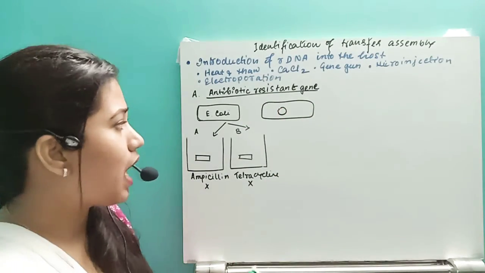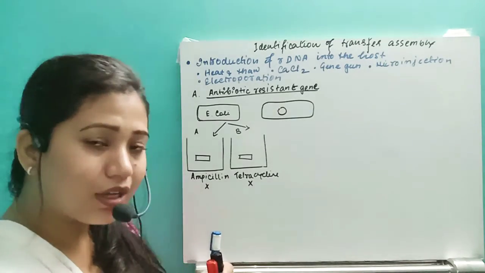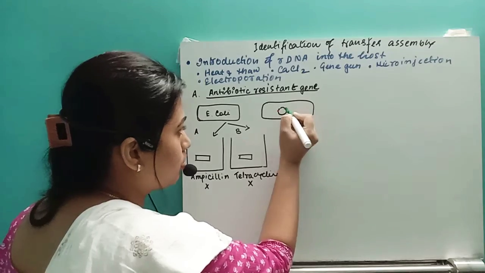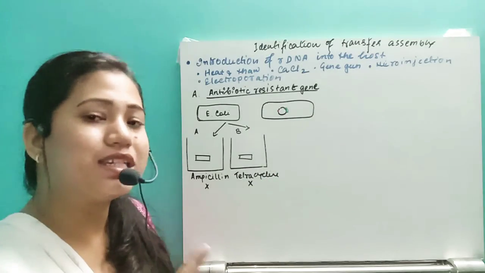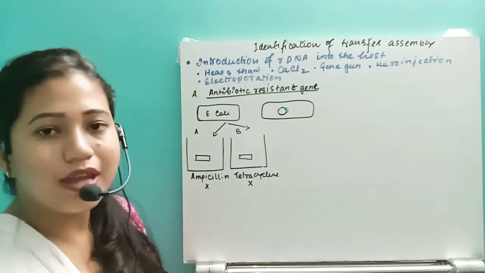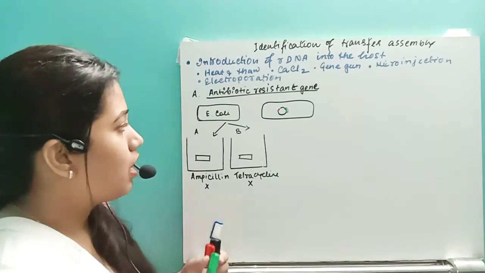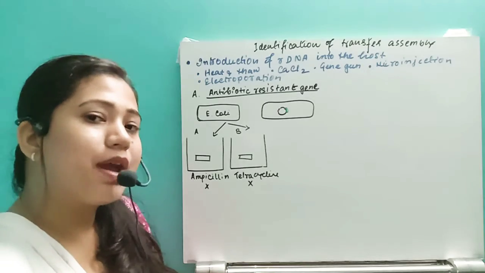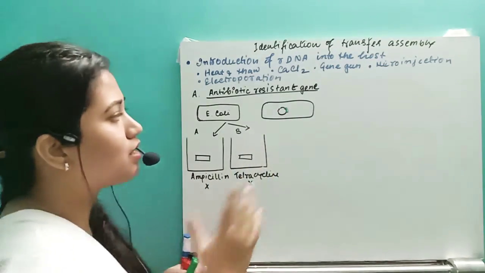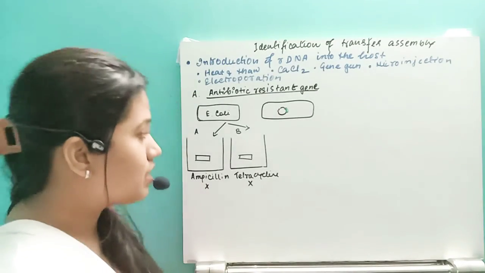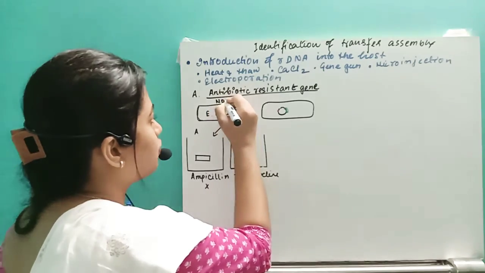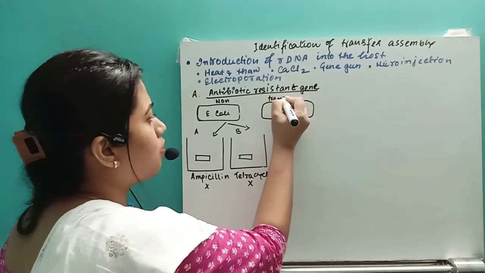In this rDNA there will be one specific gene, and this gene is the antibiotic resistance gene, suppose the ampicillin resistance gene or the tetracycline resistance gene. So this is the non-transformant and this is the transformant host.